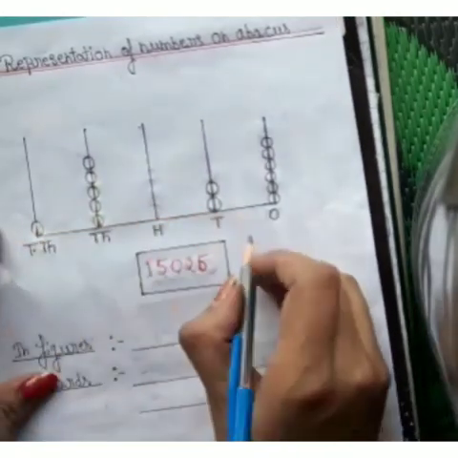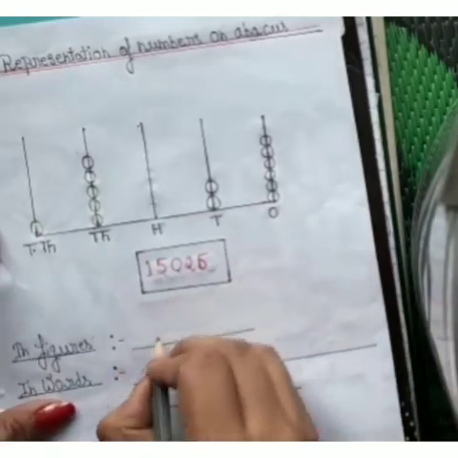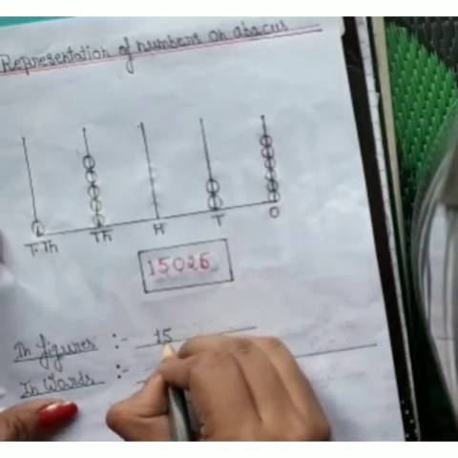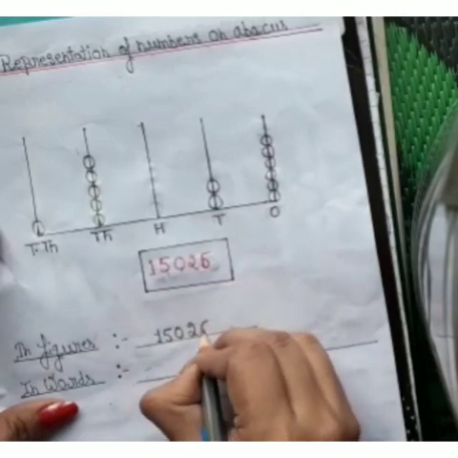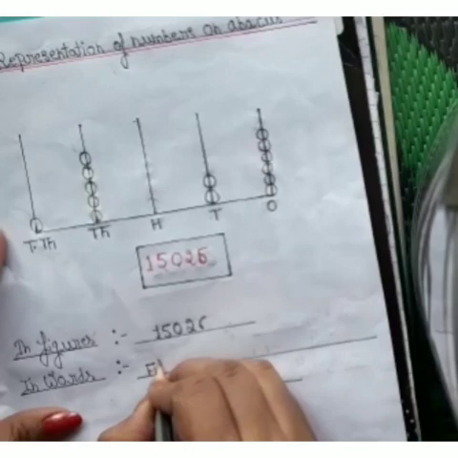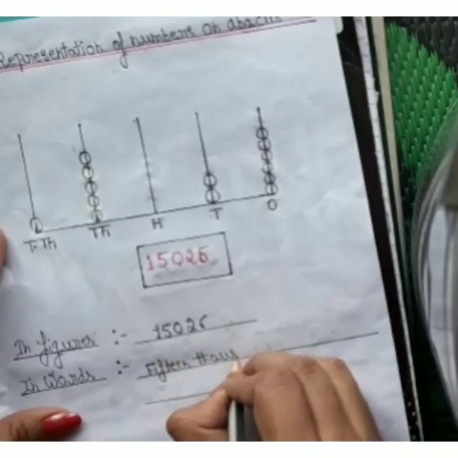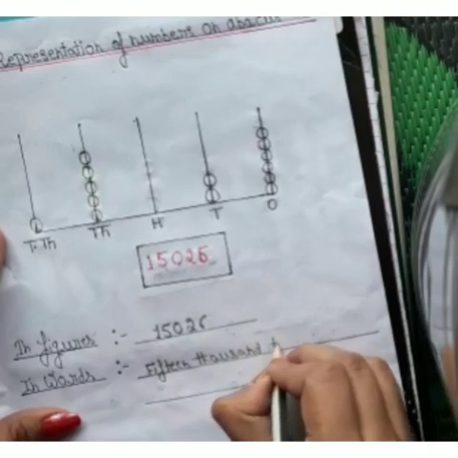So this is the representation of numbers on abacus. In figure it is written as 15026 and in words as 15,026.